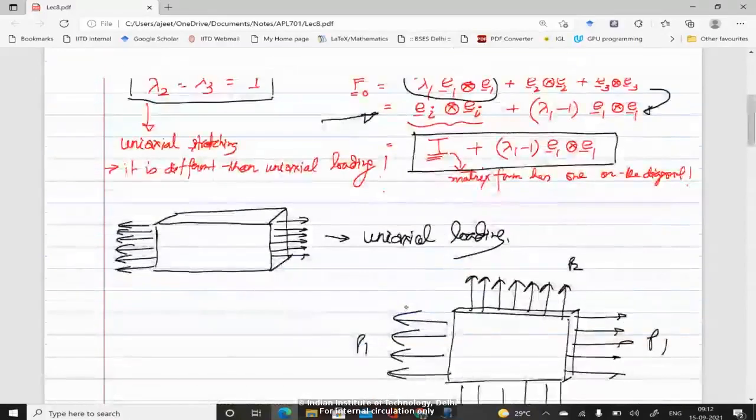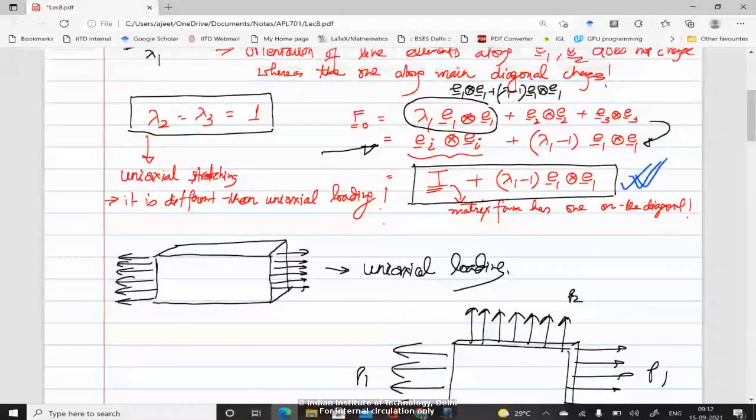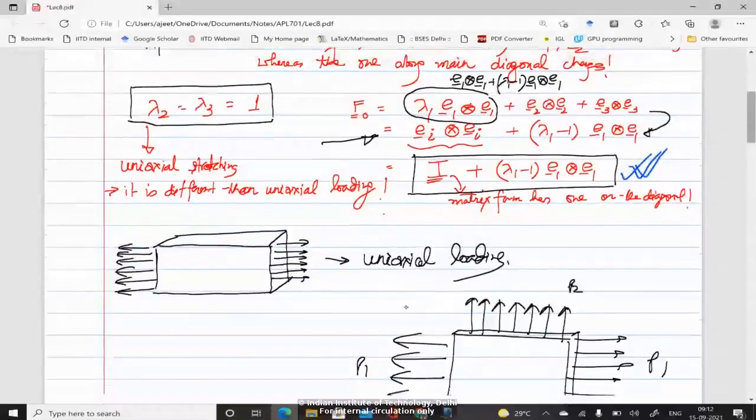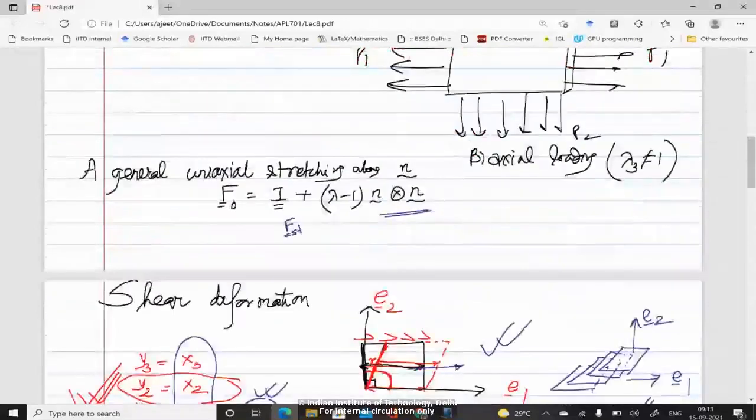This formula tells us that it is a case of uniaxial stretching along e1, right? Yes, sir. And from here we get a cue that if the uniaxial stretching is along n, then it should be of this form.